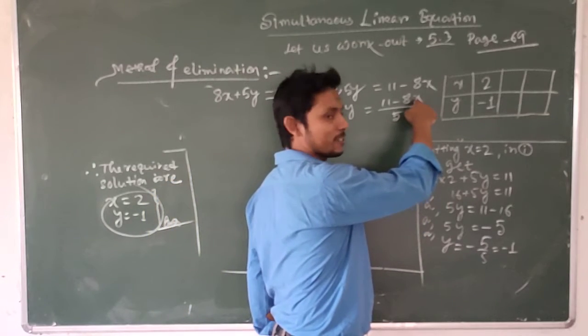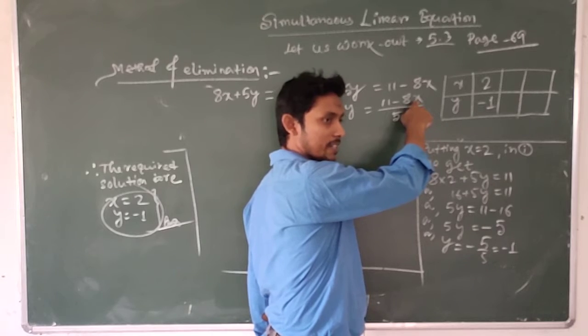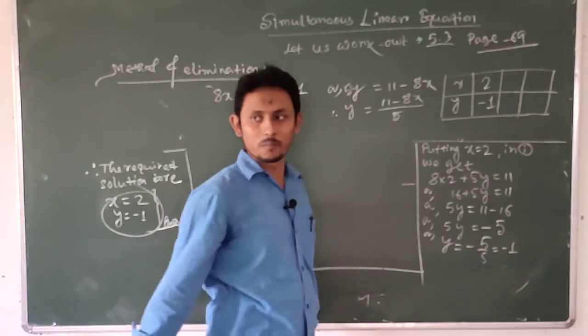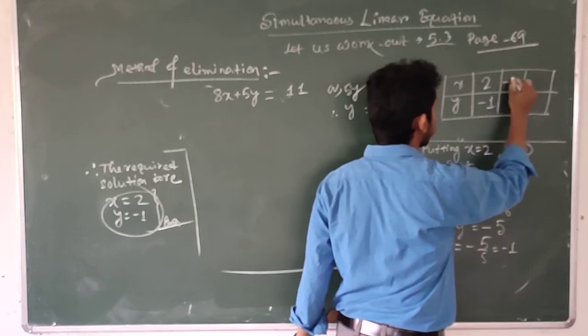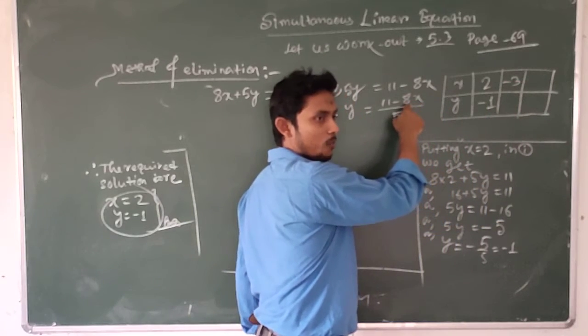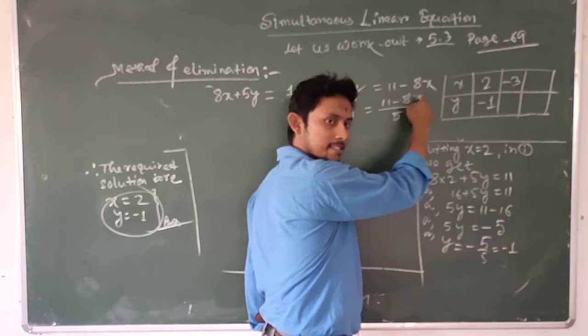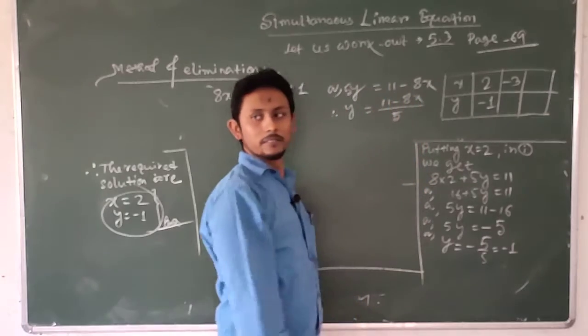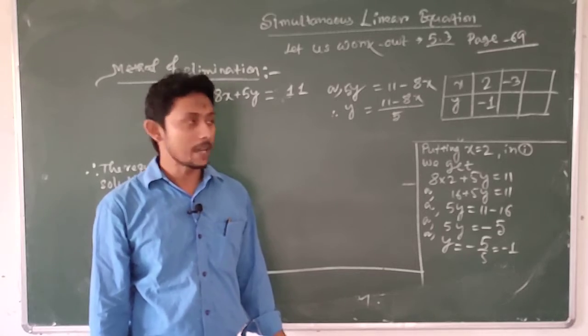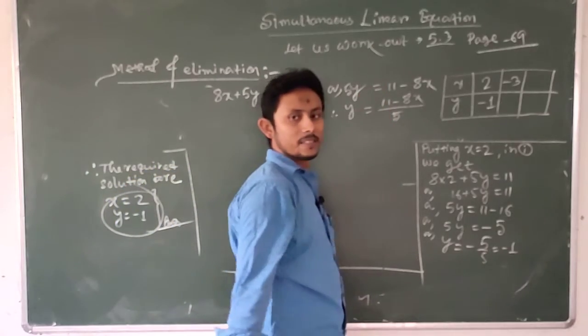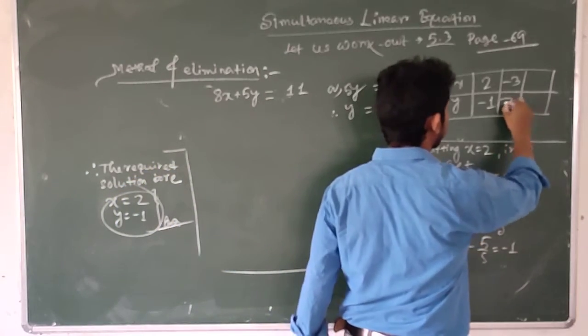Now 8 3s are 24, so 3 can't be taken, but minus 3 can be taken. If x is minus 3, then minus minus plus, 8 3s are 24, 24 and 11 is 35, 35 divided by 5 is 7.